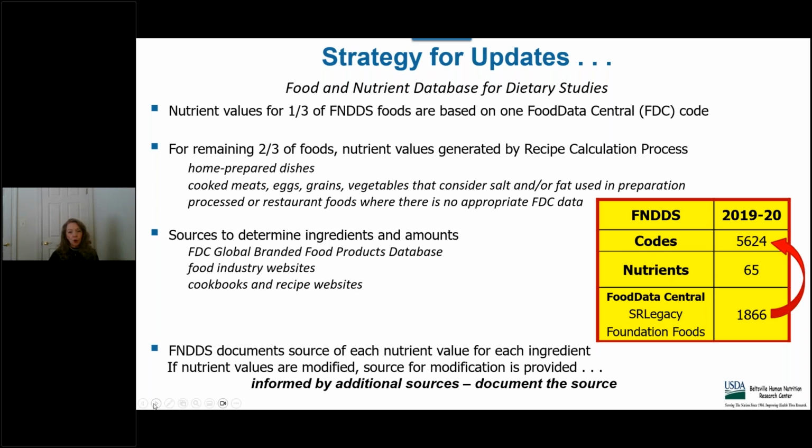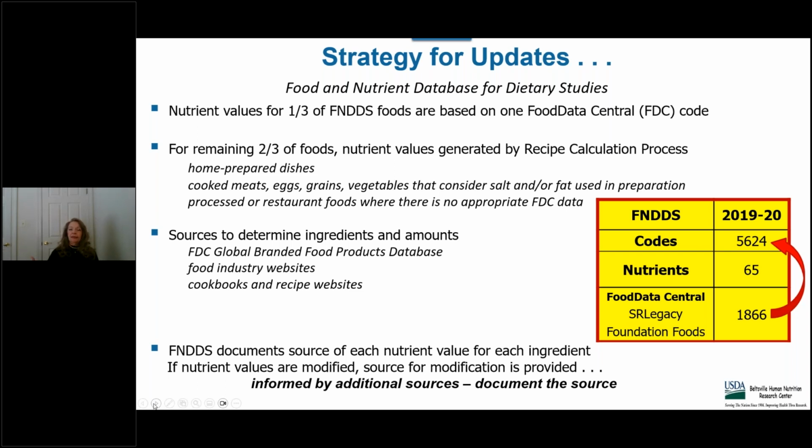And we do those for home prepared dishes, for various cooked meats, eggs, grains, and vegetables that consider salt and/or fat that's used in preparation, as well as for processed and restaurant foods where there is no appropriate FDC data.